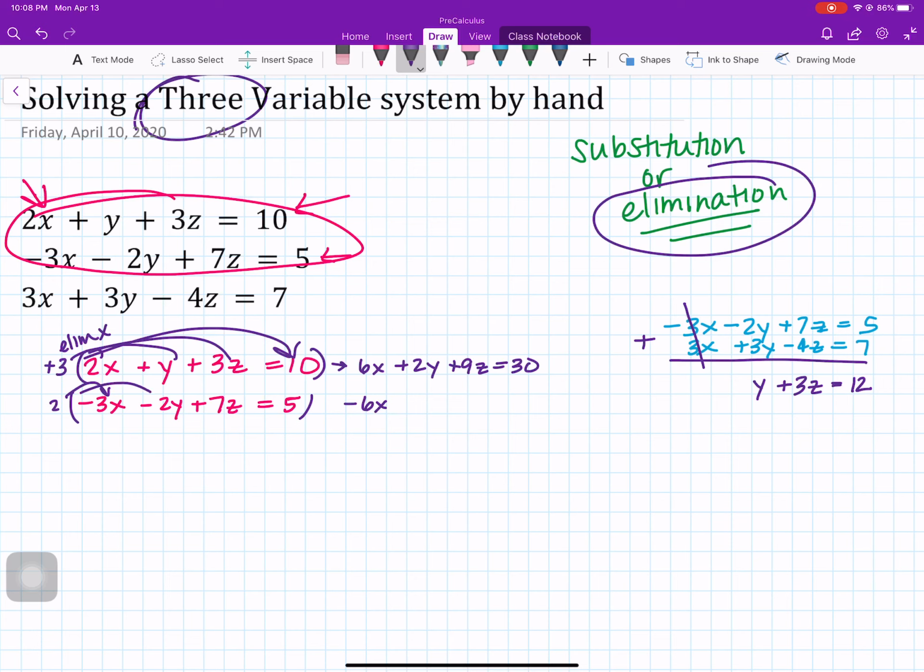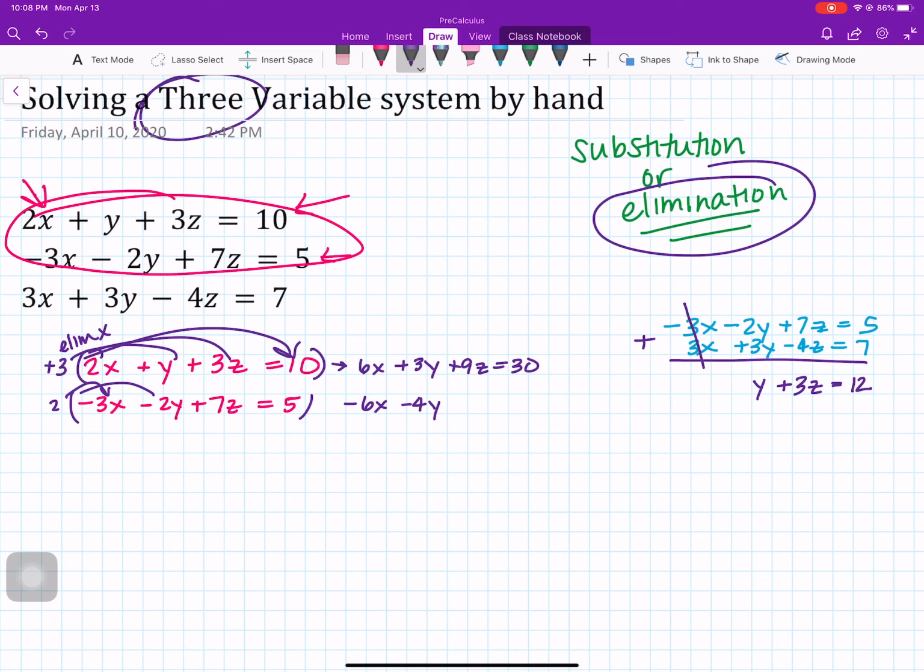And then negative 6x, negative 2y, time out. This should be a 3y. Sorry. And this should be a negative 4. See, this is why you want to make sure you're taking your time.